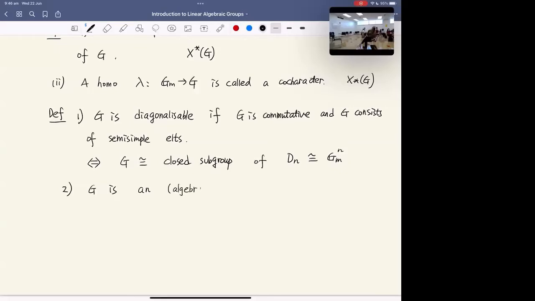Now, if this group is actually isomorphic to Dn, then we call it a torus. Well, it's an algebraic torus, but nowadays we just use the shorthand. Just call it a torus.